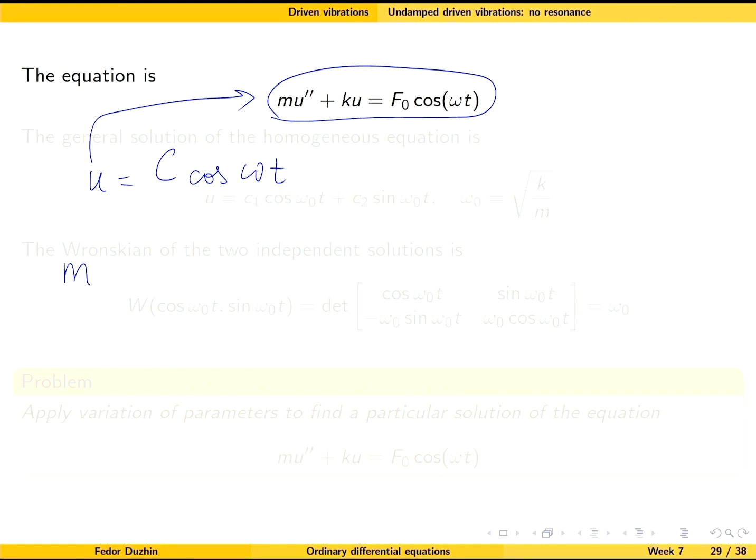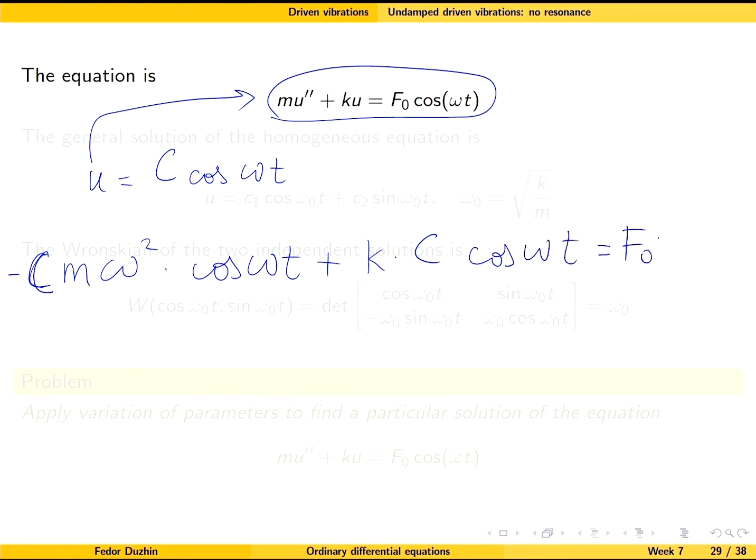Whenever we differentiate with respect to t, one extra omega comes out. So I'm going to have m omega squared times c times minus cosine of omega t, plus k times c times cosine of omega t equals f naught cosine of omega t.